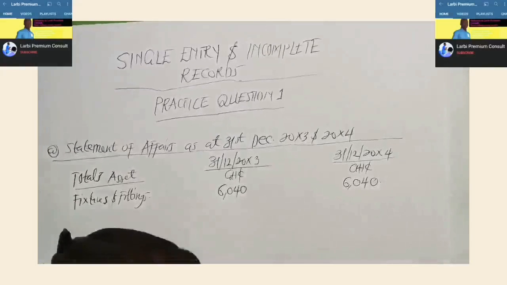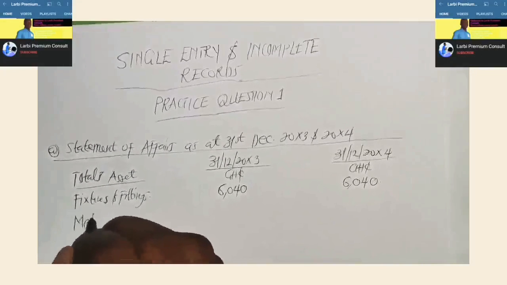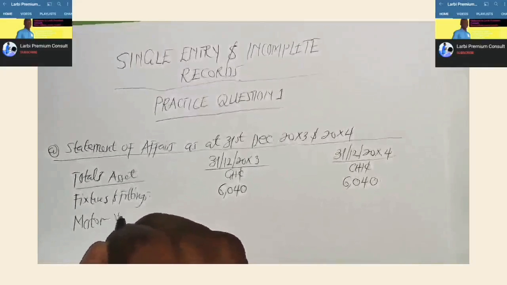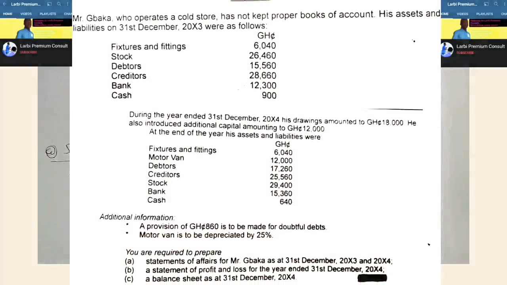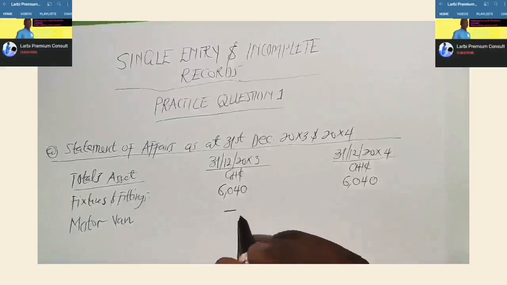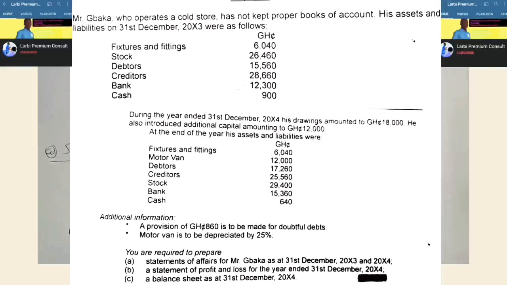Then we come back to motor van. We need to start with all the non-current assets, after that move on to the current. So motor van: were you having a motor van at the beginning of the period? No. So motor van will be a dash as at 20X3. But were you having a motor van as at 20X4? Yes. And the motor van was 12,000.